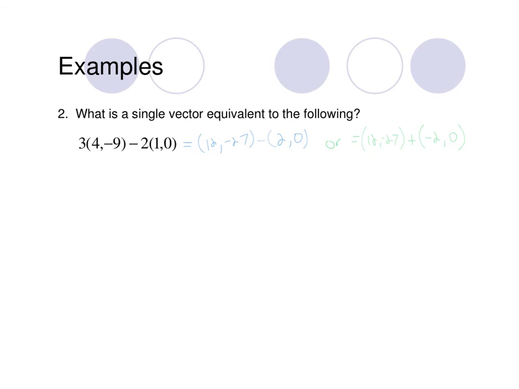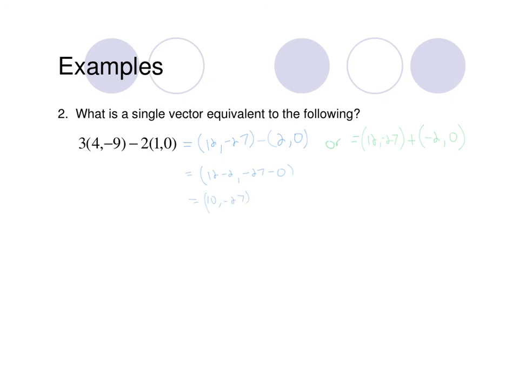So if we did the first one, as we saw earlier, when we're subtracting or adding vectors in Cartesian form, we simply add or subtract their x coordinates and y coordinates. So this will give us the vector 12 minus 2, comma negative 27 minus 0, or the vector 10, negative 27.